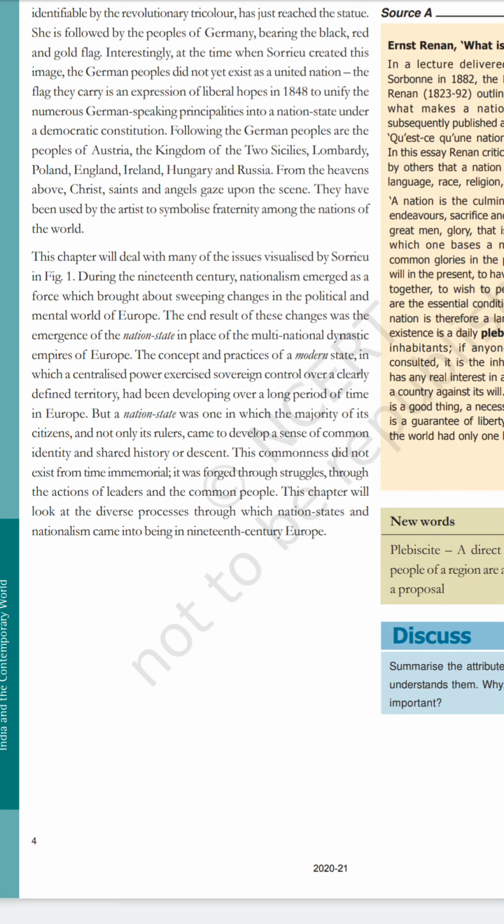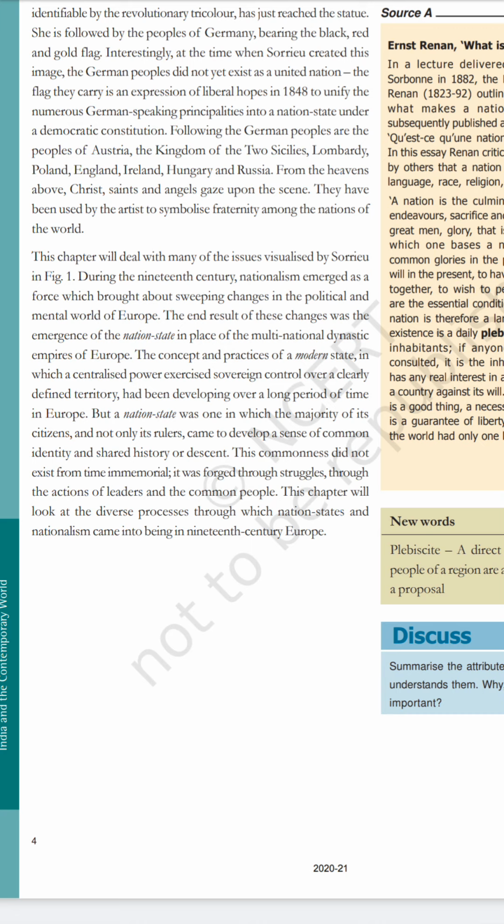Along with these three aspects, the people of nation states are citizens, but in modern states, people may be subjects, not citizens.